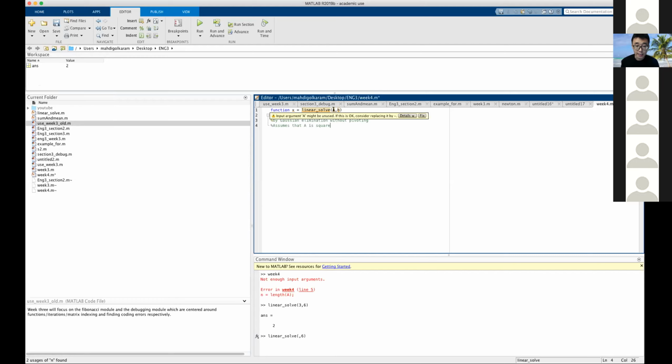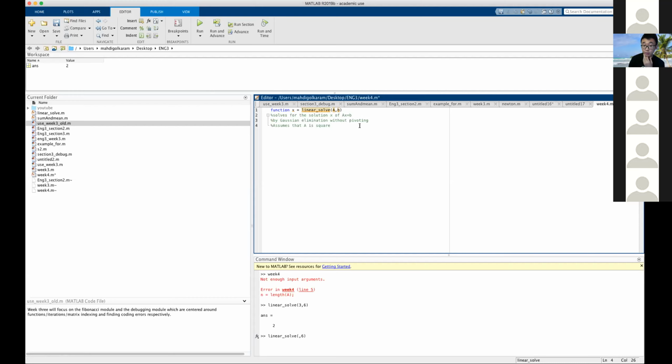The input is A. We are trying to solve the equation AX equals B by Gaussian elimination, and we assume A is square, which means the number of variables equals the number of equations. For a lot of linear equations we can use Gaussian elimination, so that's why we want to write a function here.